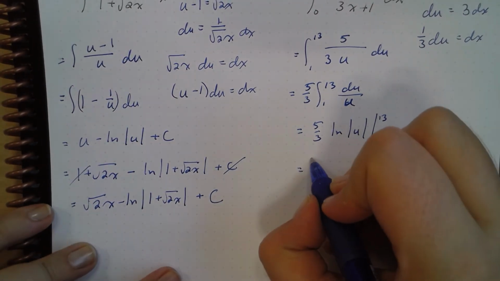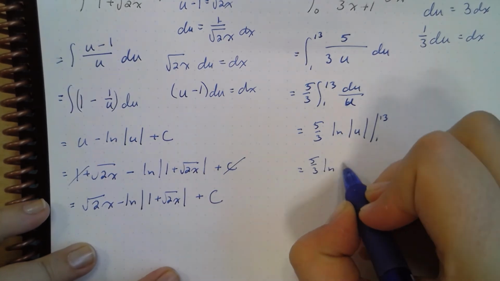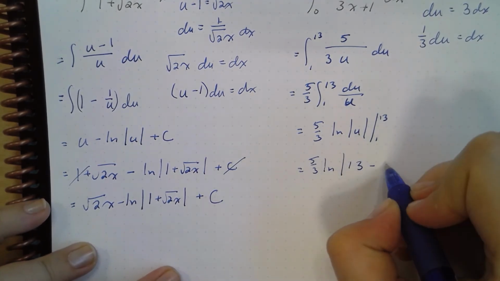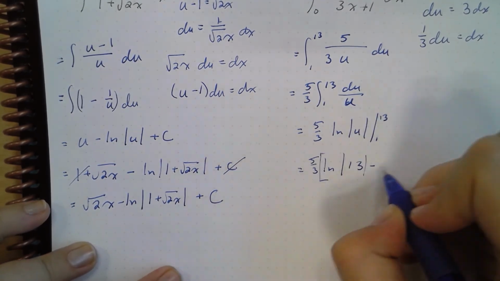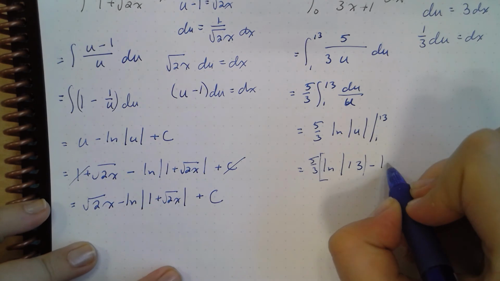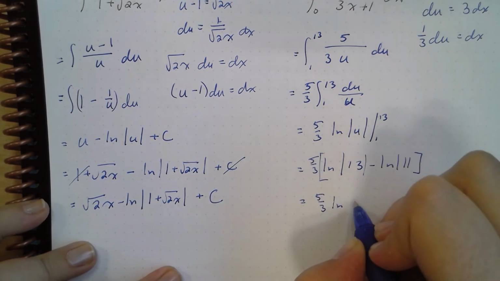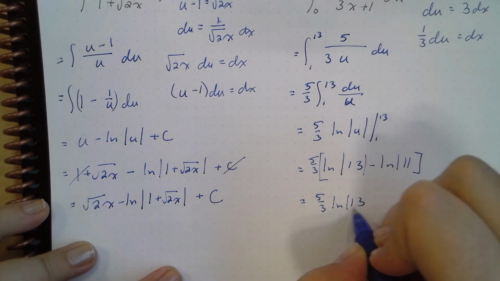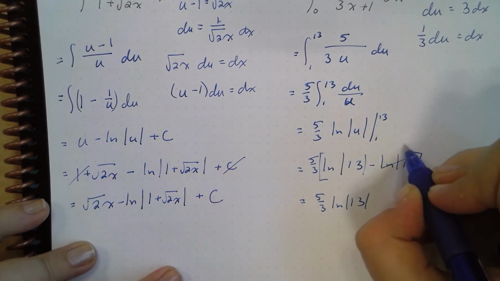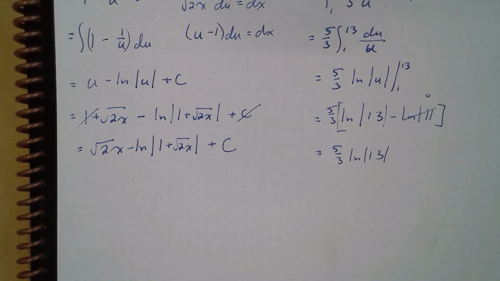So we have 5/3 times the natural log of 13 minus the natural log of 1. So we have 5/3 the natural log of 13, since the natural log of 1 equals 0.